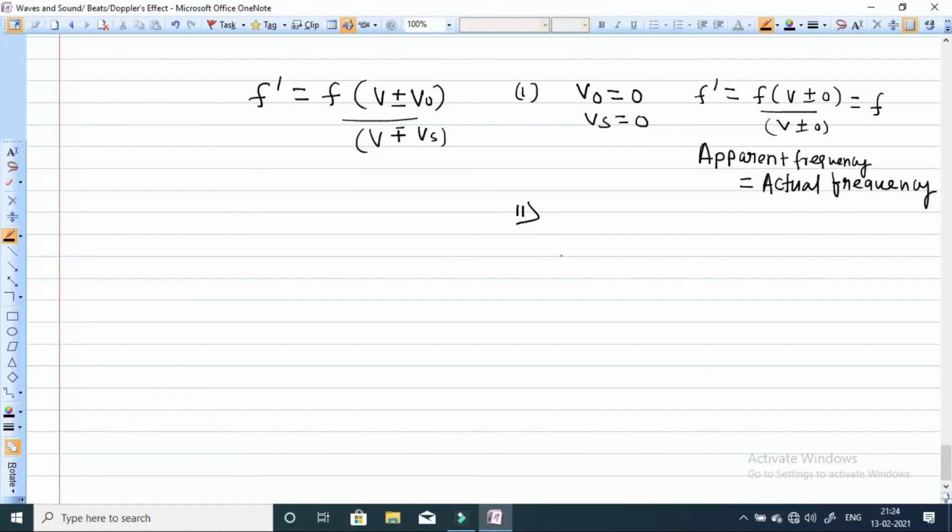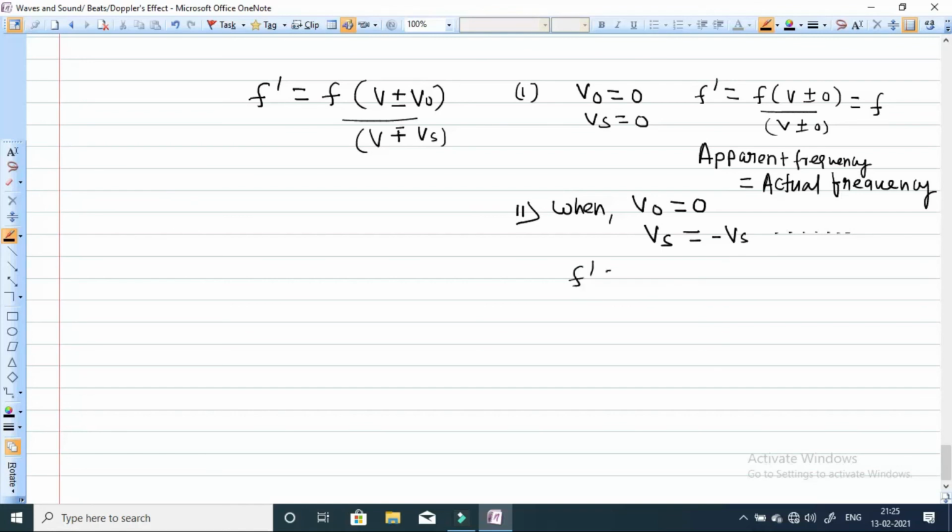When the observer is stationary, the velocity of observer will be equal to 0, and the source is moving with vs. If the source is moving towards the observer, it will take the minus sign, then vs becomes minus vs. Accordingly we can modify this equation.